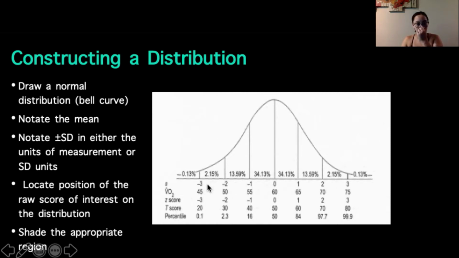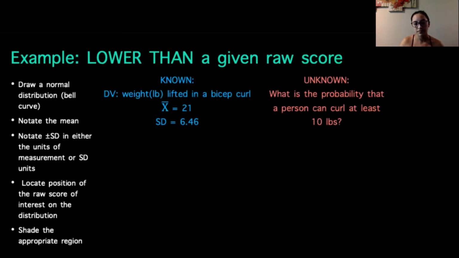Doesn't matter. You then locate the position of the raw score of interest within your distribution, which usually I give you the raw score of interest, and then you would shade the appropriate region based on kind of the goal of what you're trying to find. So remember that we can either look at a percentage of values below a raw score, above a raw score, or between two raw scores.